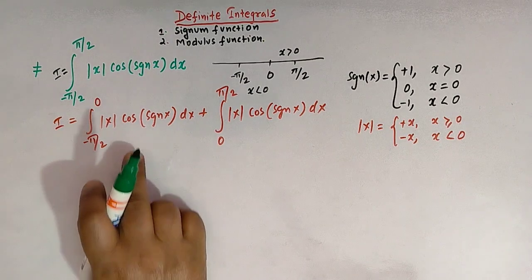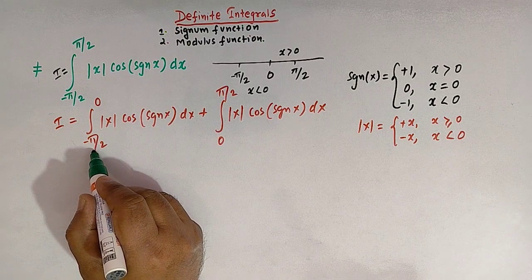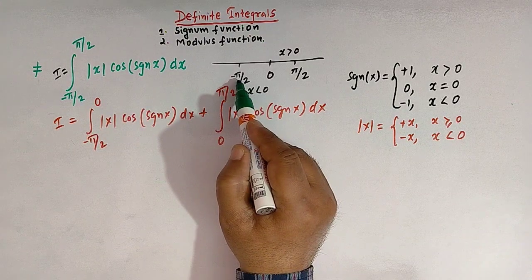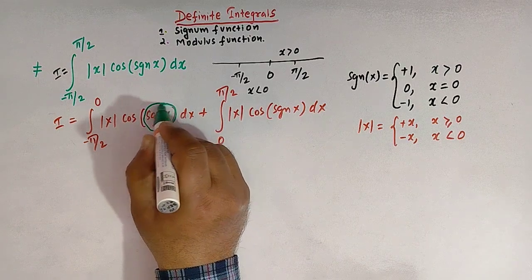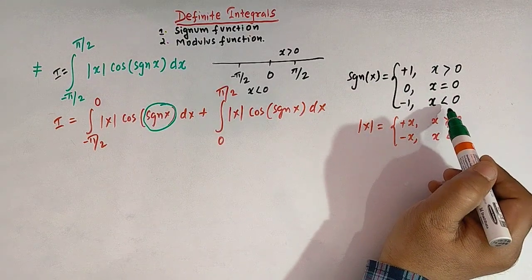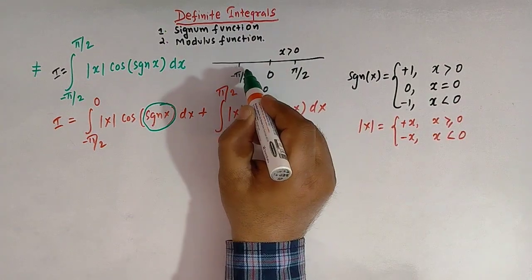So now let us take a look at these two integrals. Now see here, from minus pi by 2 to 0, signum of x will take the value minus 1, because x is less than 0 here, right?